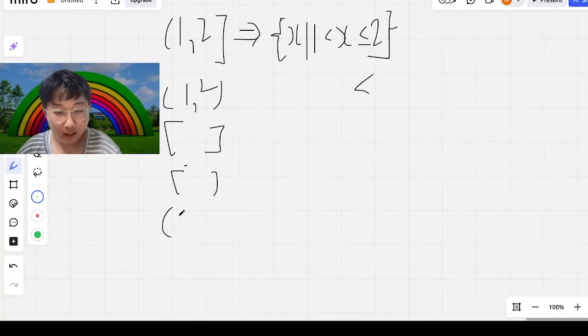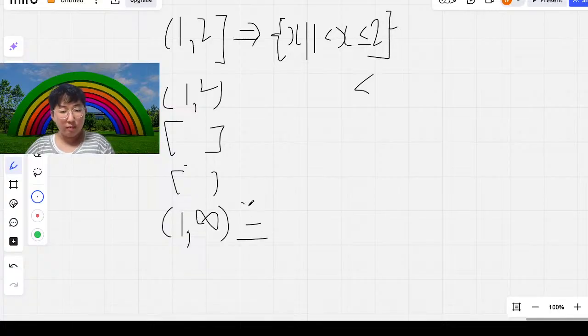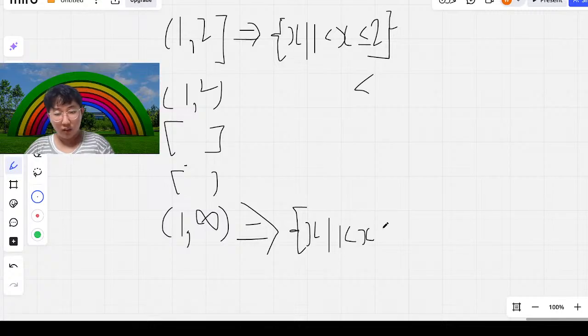And this is the concept of infinity. What if we have something like this? What would this mean? Generally, if this was actually a number, we would write something like this, right?